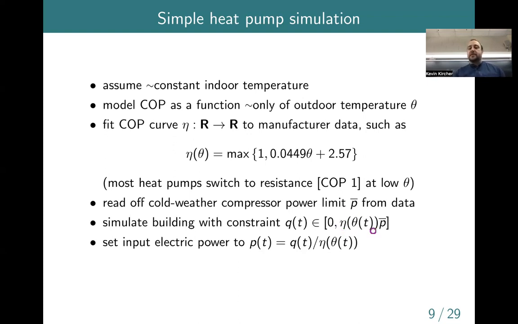Model the capacity as just the COP times the limit of the work input. So the most heat that you can produce as an output is the most power you can use as an input times the COP. And then there's this relationship between power and heat transfer. Okay, there are many far more sophisticated ways to model heat pumps, but this is at least enough to get you started.